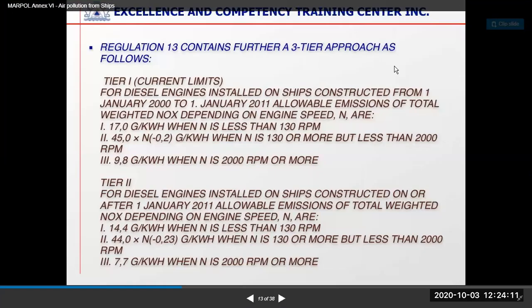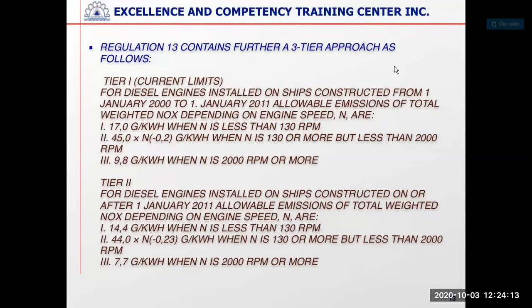Then let's see the requirements for your NOx emissions. It is a 3-tier approach, which is dependent on different constructions of ship in different years. If your ship is constructed between 2000 and January 2011, depending on the RPM of your engine, if the RPM is less than 130, then you can emit 17 grams per kilowatt hour of NOx.